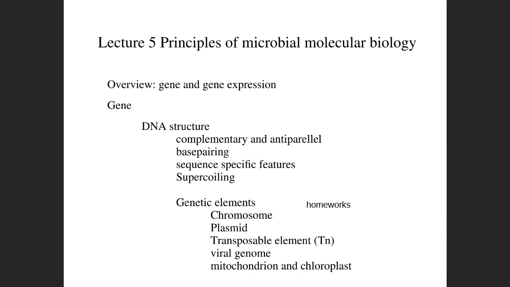So chromosome, generally referring to the DNA molecule in a bacterial cell, carries essential genes. Plasmid, generally referring to a smaller circular DNA molecule that carries non-essential genes, and it's typically somewhere between 100 million base pairs.